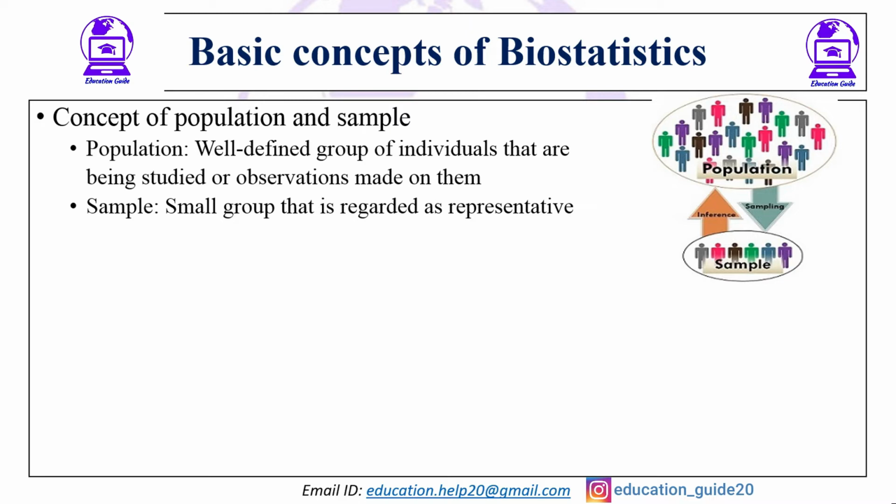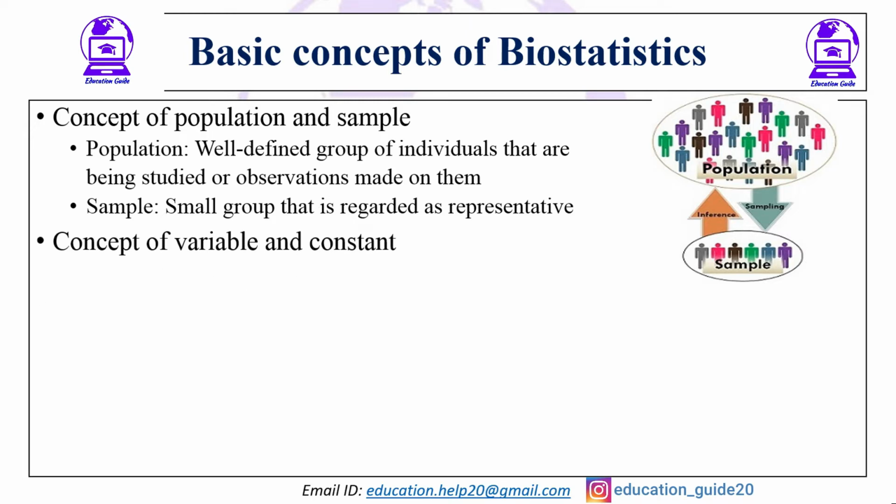On the other hand, sample is a subgroup of population which is regarded as representative of entire population and on which the actual experiment is done. How sampling is done and what are the different methods of sampling we will discuss in later lecture videos.